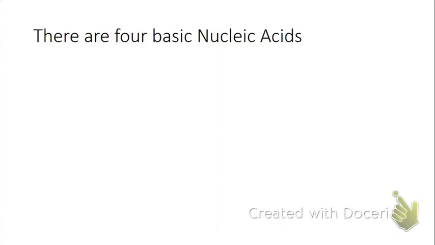So, there are four basic nucleic acids. There are the pyrimidines and the purines. The purines are bigger than the pyrimidines. So let's look at the purines first.